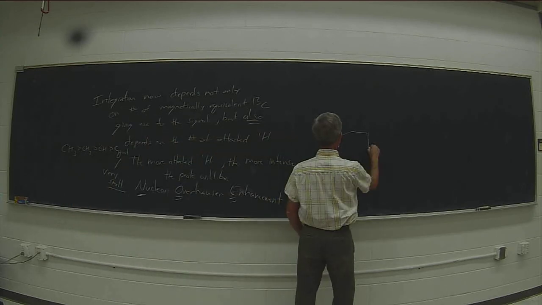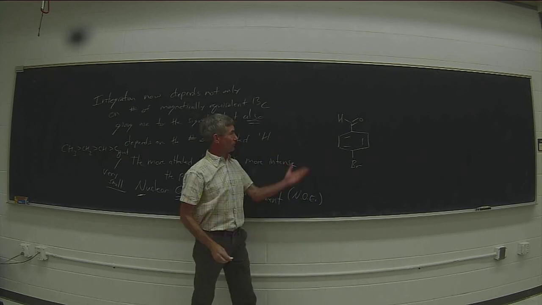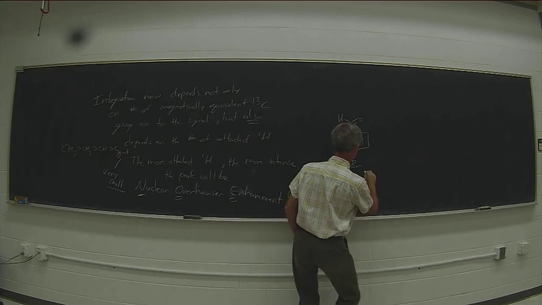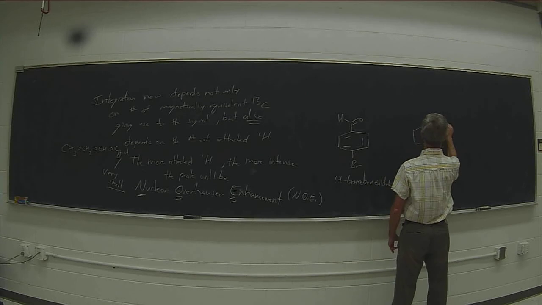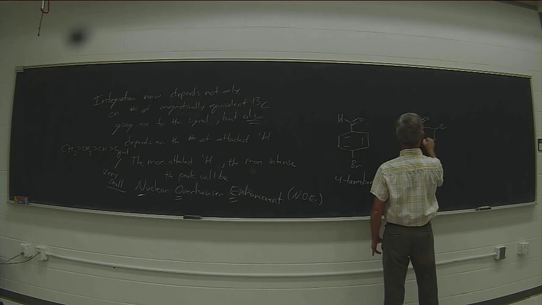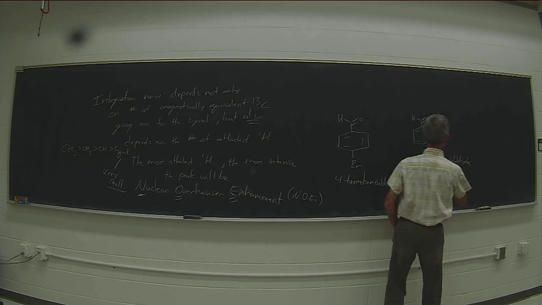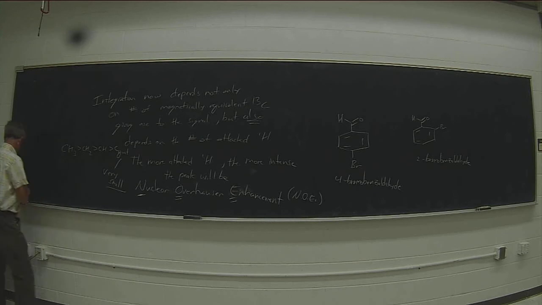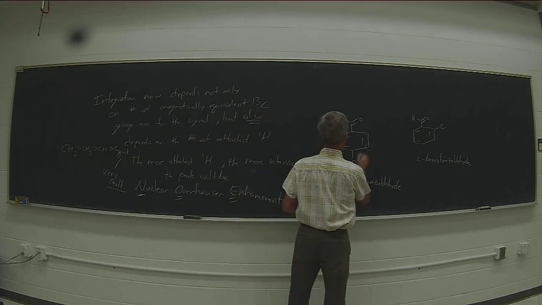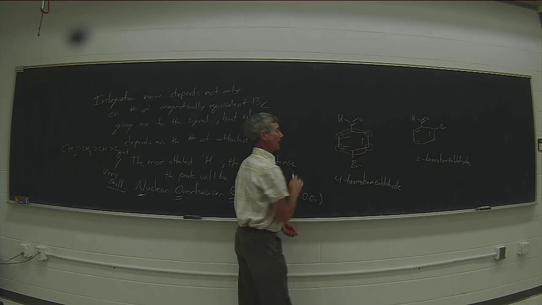As an example, if you look at 4-bromo-benzaldehyde versus 2-bromo-benzaldehyde, you would expect to see a different number of carbon signals in the carbon NMR, because for the 4-bromo-benzaldehyde, you've actually got a plane of symmetry that will cause the two carbons in the 2 position to be identical.